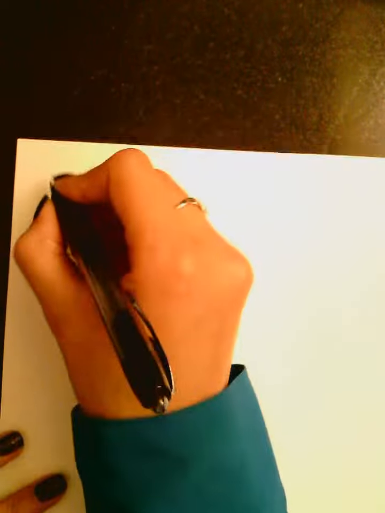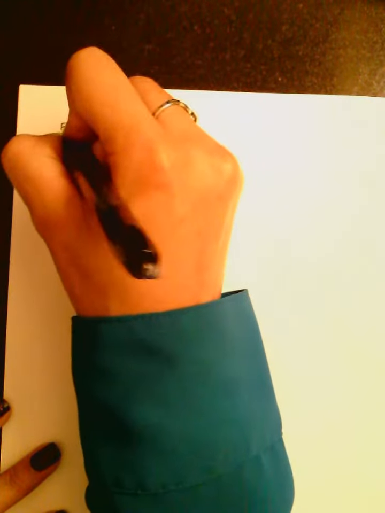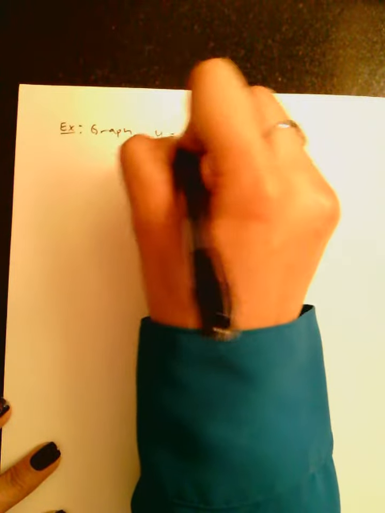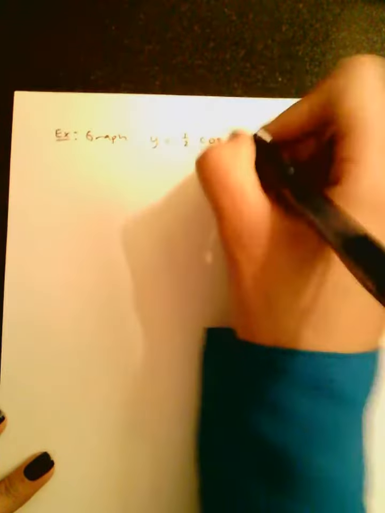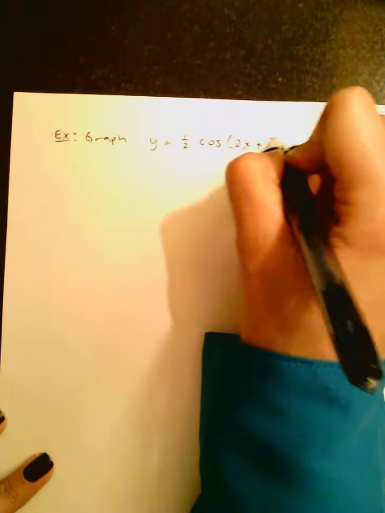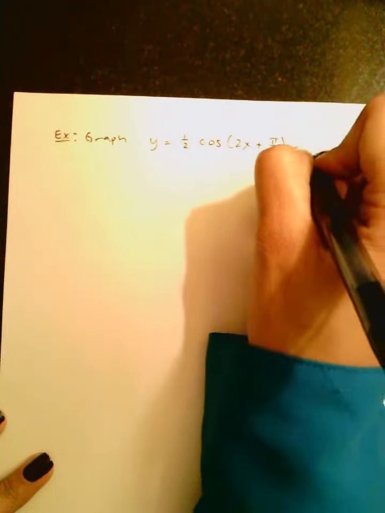And I do want to do the cosine function. So let's find the graph of y equals 1/2 cosine of 2x plus pi over 4, and let's add a 2.